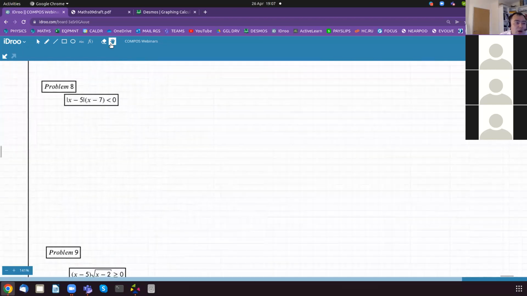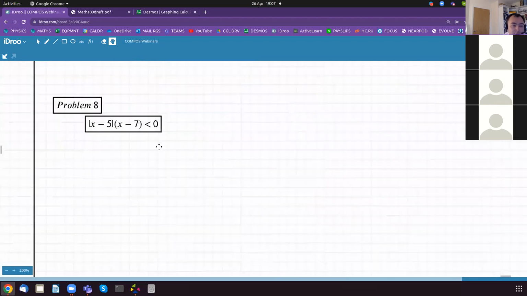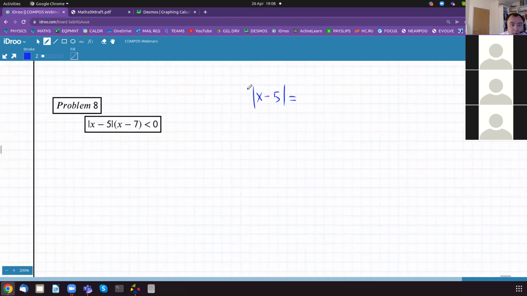So you have a modulus here. One approach is to say, okay, as I have taught you before, modulus of x minus 5 is either x minus 5 if x is greater or equal to 5, or it is minus x plus 5 if x is less than 5.